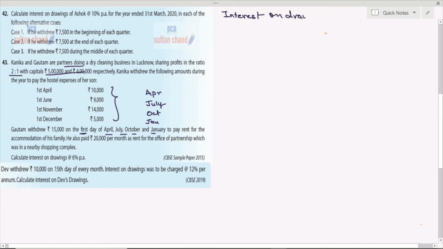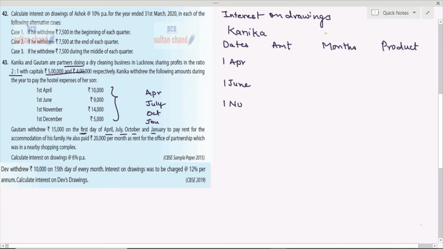Now let's calculate interest on drawings. I'm calculating interest on drawings of Kanika first. You can see I'm going to take here the dates, then the amount, then the months, and finally the product. So these are the four columns which I'm going to draw. That is 1st of April, 1st of June, 1st of November, and 1st of December.